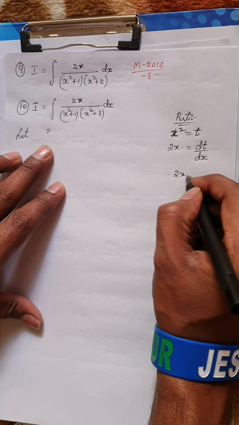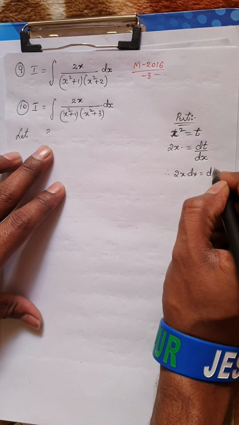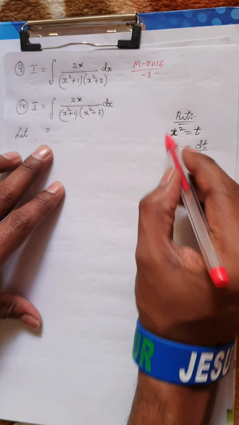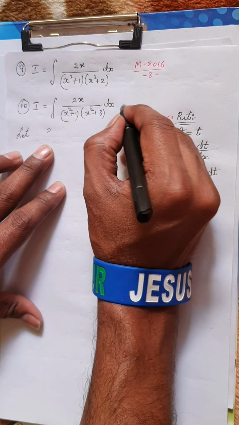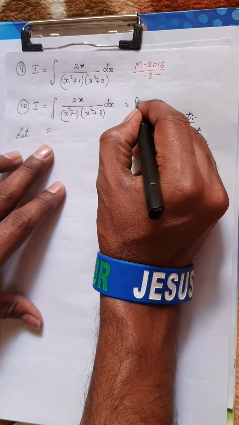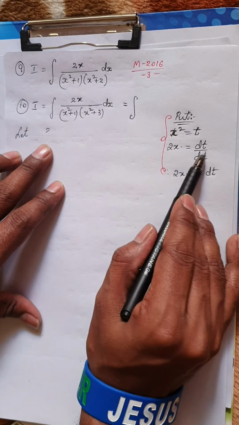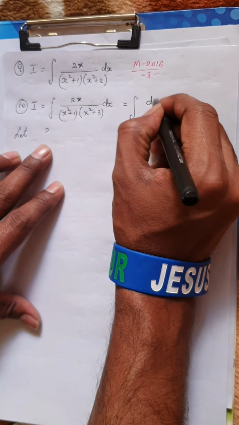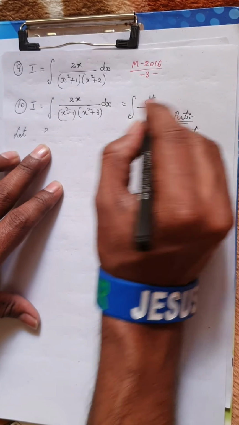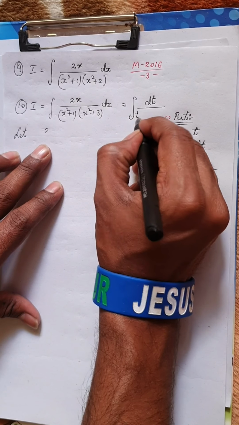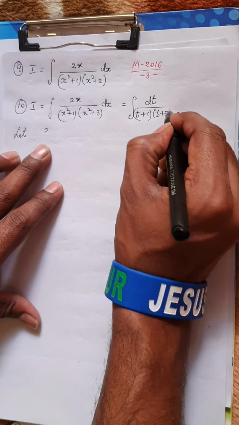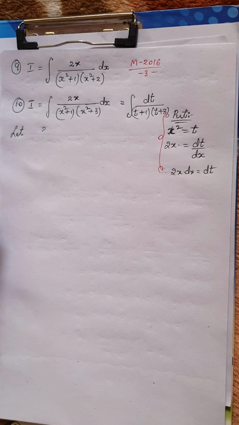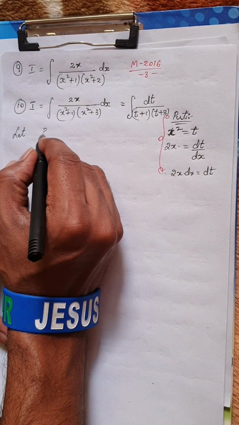Therefore you have 2x dx is nothing but dt. So the given integral I am going to substitute into another form. Look here, this is nothing but integral of, remember, 2x dx can be written as dt. So dt divided by, now x square can be written as t, it is just (t plus 1) into (t plus 3), remember.